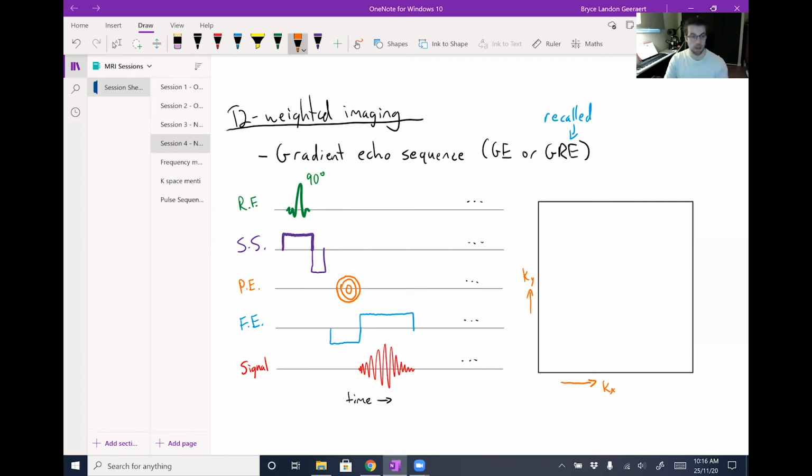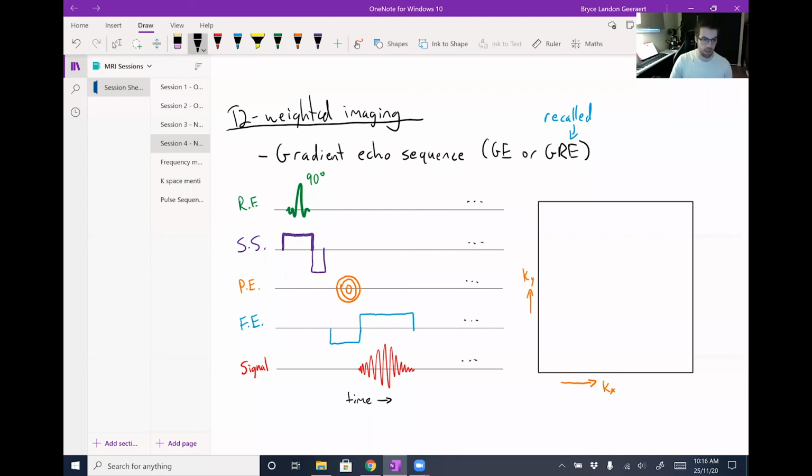That's an x. So generally the trajectory we follow, remember the gradients that we use can tell us where we are in k-space, and if we record data at any given time, we can know where that data goes in k-space based upon which gradients we've applied so far. Kind of funny, but very useful.